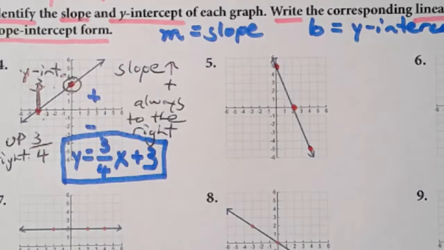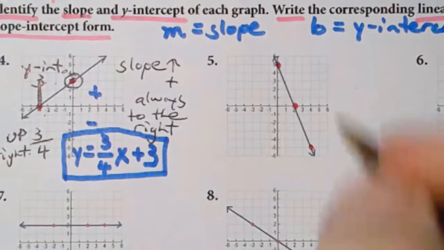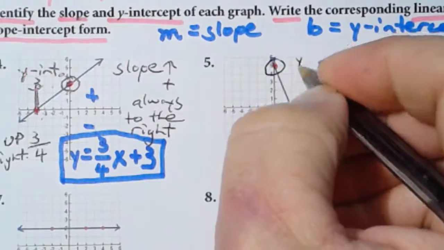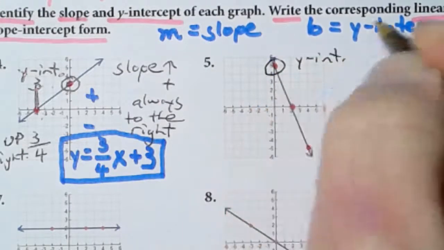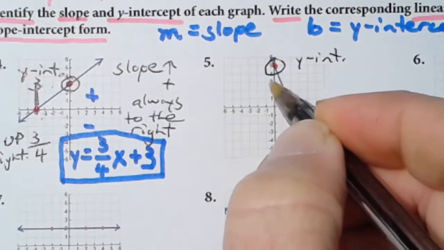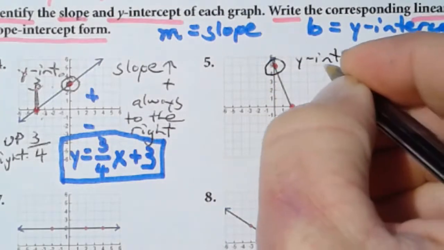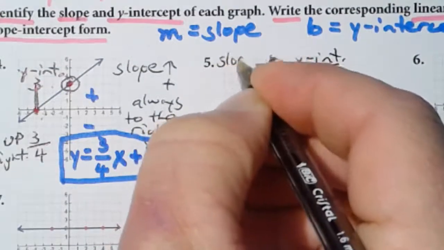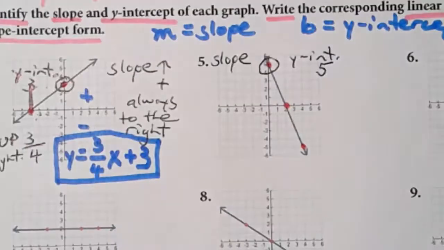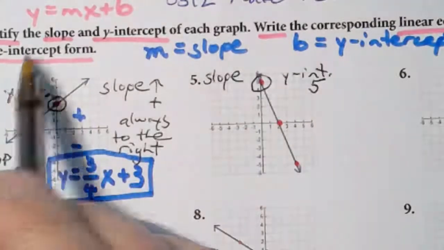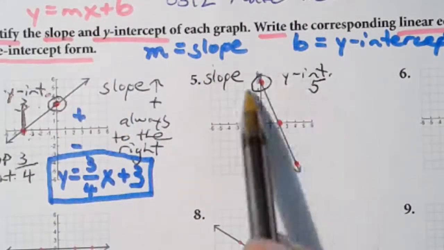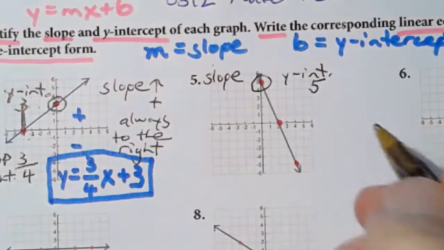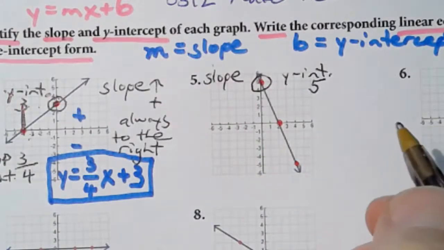Okay, let's identify some stuff. There's the y-intercept, which is 1, 2, 3, 4, 5. And the slope, I like to get in the habit of, since it's slope-intercept and slope literally comes first, keeping that on the left side, especially on a tight little video like this.